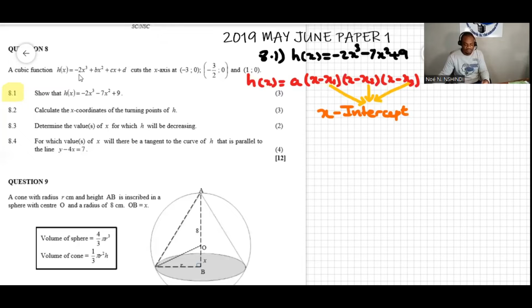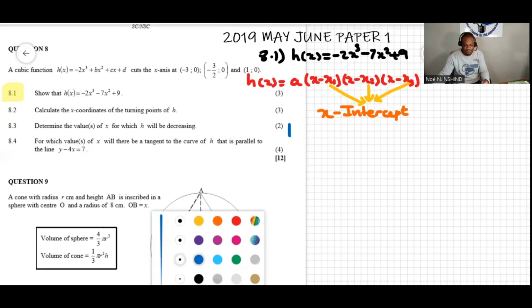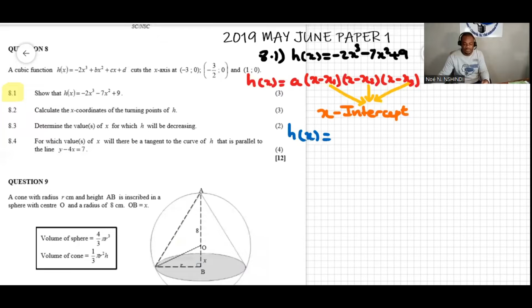Then we can write h of x will be equal to negative 2, instead of writing a, and then x, and then x there, and then x there also. Over here, I'm going to substitute the values. x1 is negative 3, and there's a minus here, so minus negative 3 will make plus 3.